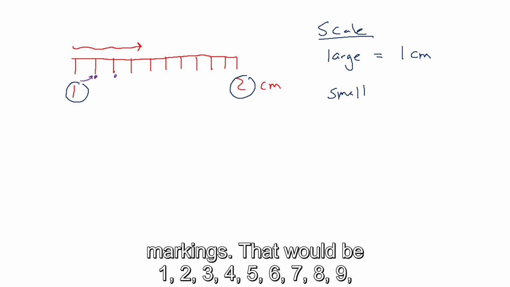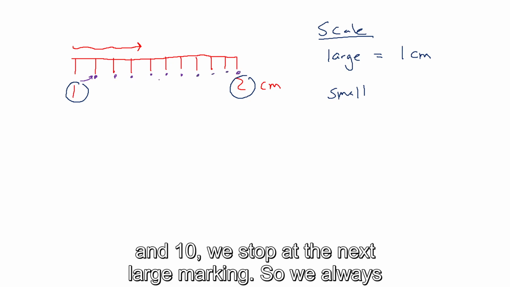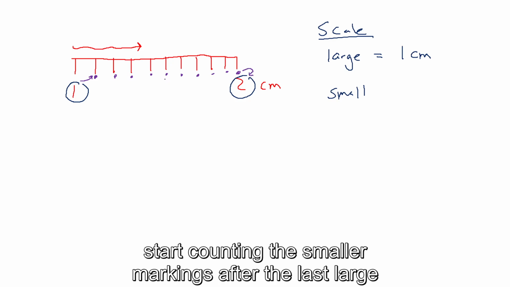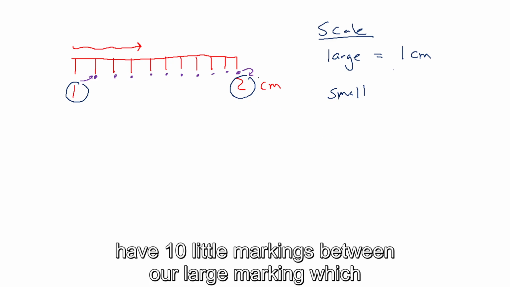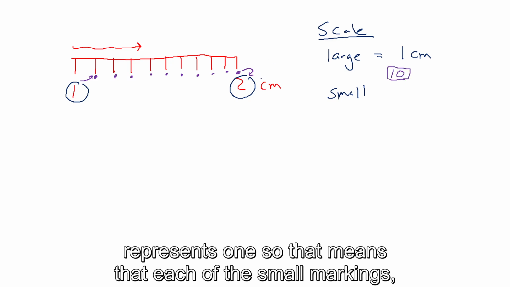That would be 1, 2, 3, 4, 5, 6, 7, 8, 9, and 10. We stop at the next large marking. So we always start counting the smaller markings after the last large marking and stop at the next large marking. So we basically have 10 little markings between our large marking, which represents 1.